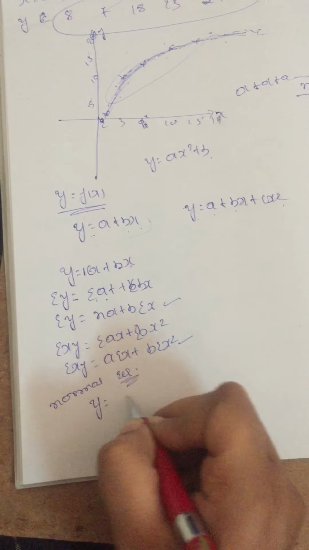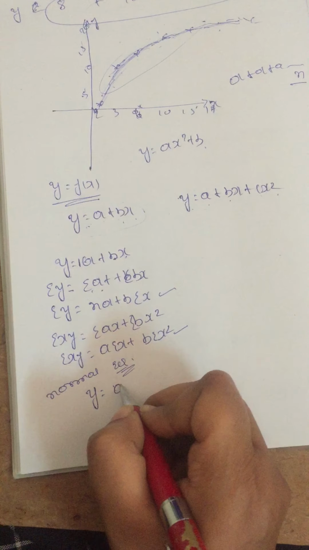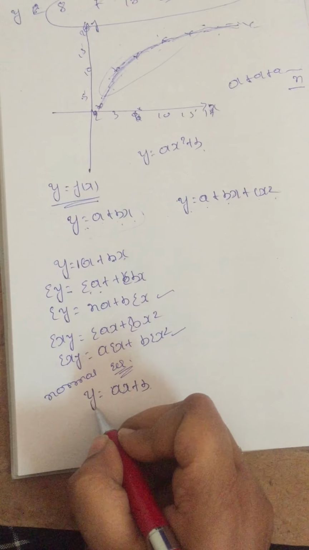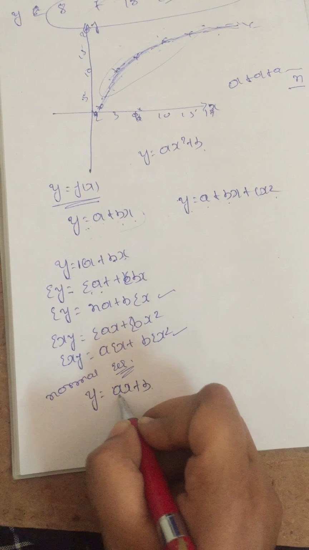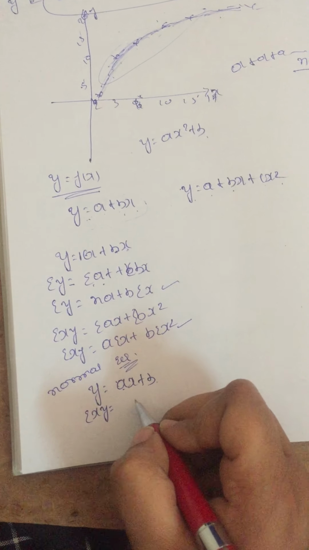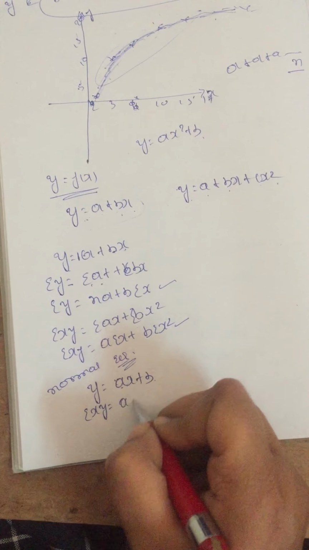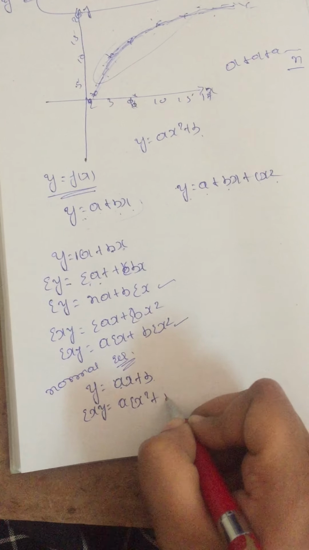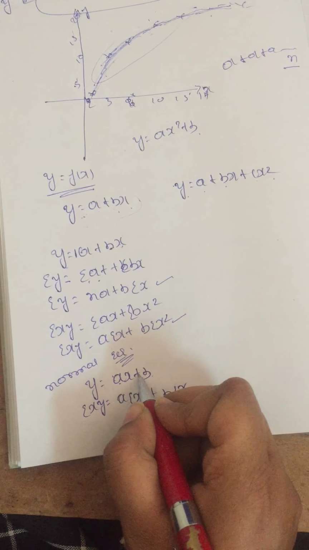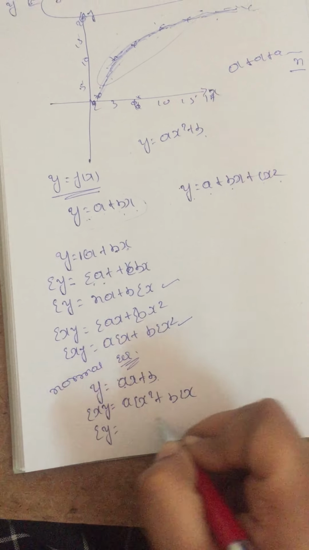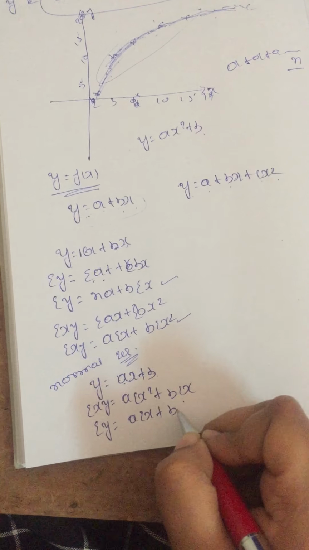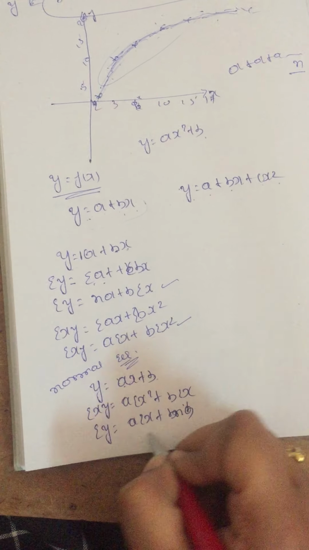Suppose the equation is in the form y is equal to ax plus b, then the first parameter is a. First multiply by x on both sides and take summation: summation xy is equal to a into summation x square plus b into summation x. The second parameter is b, whose coefficient is 1, so just take summation: summation y is equal to a into summation x plus b into n.